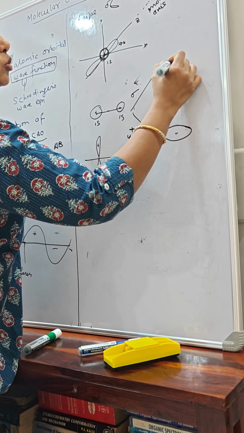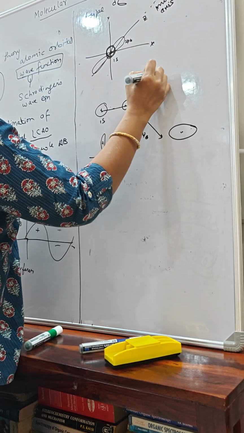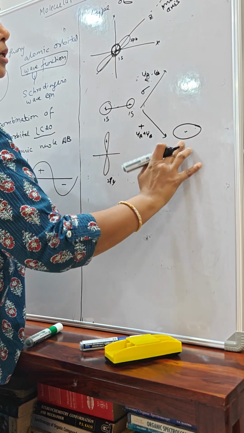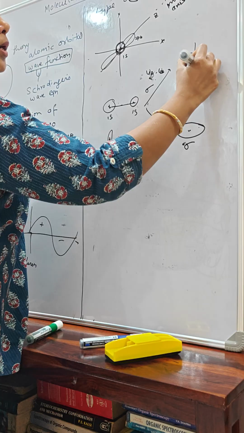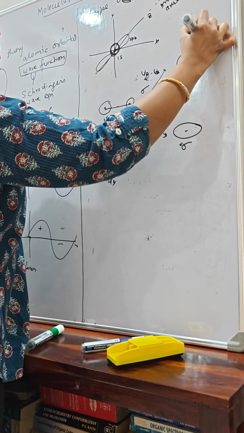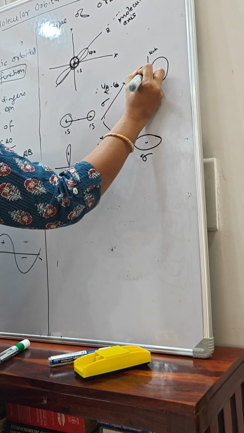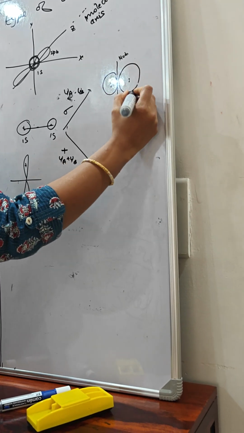In case of psi A minus psi B, this will be sigma star. In this case there will be the lowest electron density, a nodal plane, a node where no electron density will be in between the nuclei. So it is the sigma star.